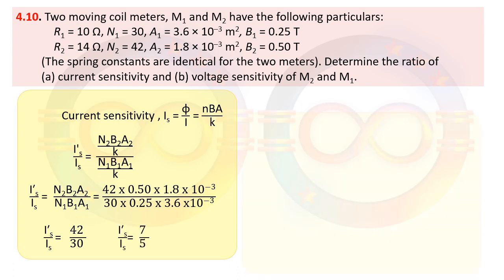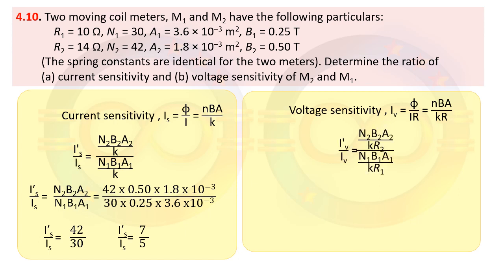We put all the values, and after calculation we will be getting 42 upon 30 or 7 upon 5 or 1.2. Then if we talk about voltage sensitivity, the formula is nothing but I_V is equal to phi upon I into R. So NBA upon K into R, where R is the resistance. If we take the ratio of voltage sensitivity of second with respect to first, R2 would be in addition to the previous one.